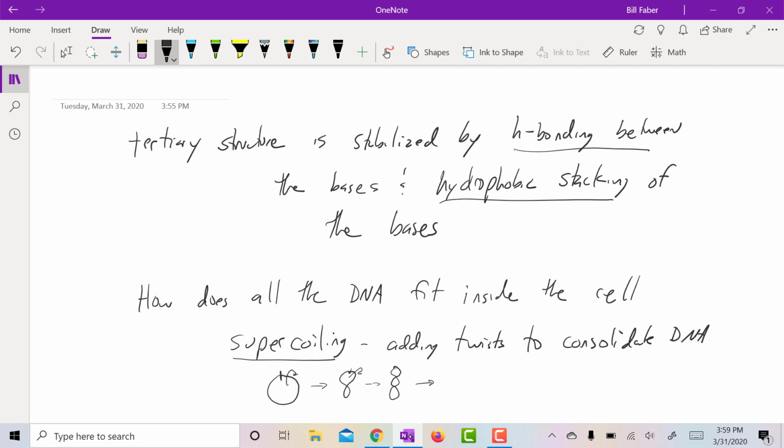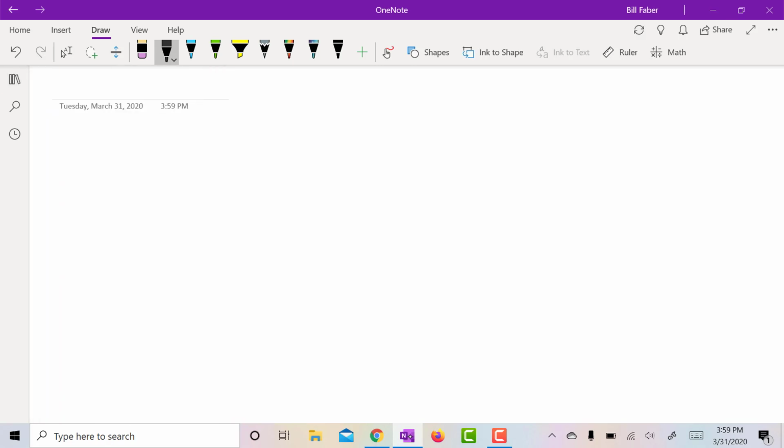Okay, so I want you to know the difference between underwinding, this is where you put what's called a negative supercoil. And this unwinds DNA.